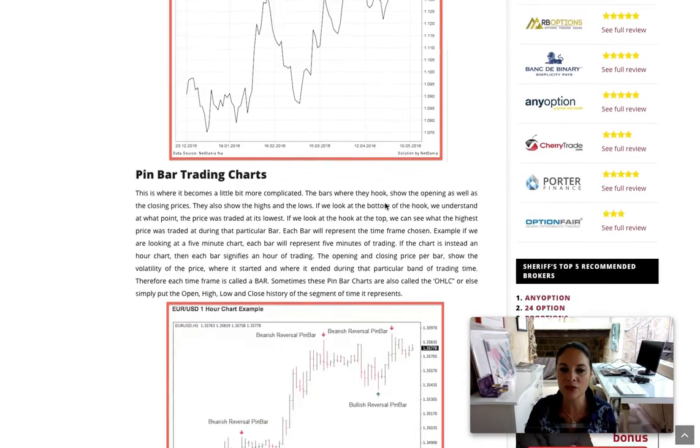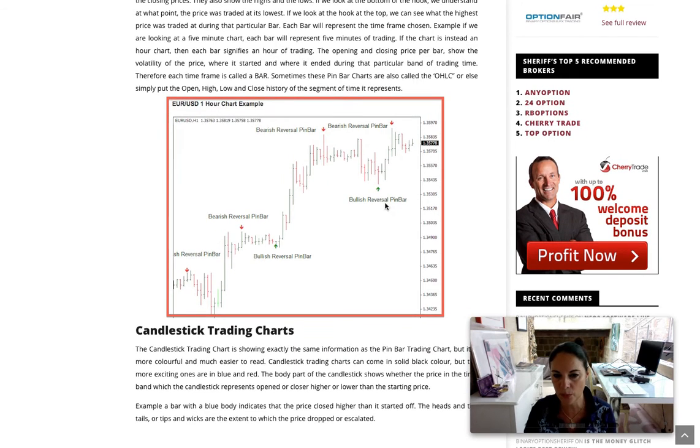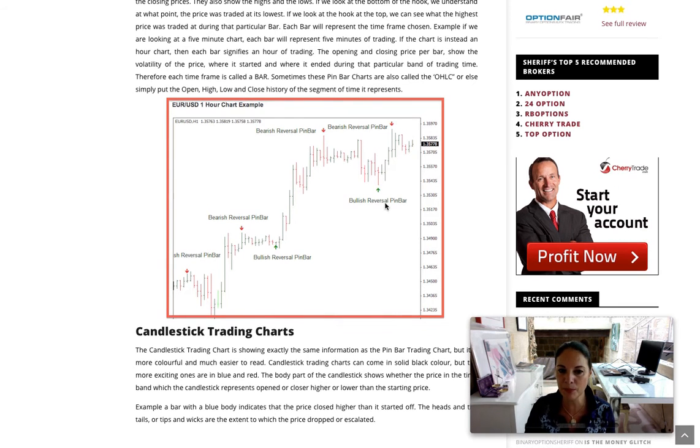The next kind of trading chart is pretty complicated in my opinion, but actually gives us a lot more information than the line movement, and that is the pin bar chart. What we have here is exactly the same price movement as before, starting at this point, rising a little bit, pulling back down, in a clear uptrend.